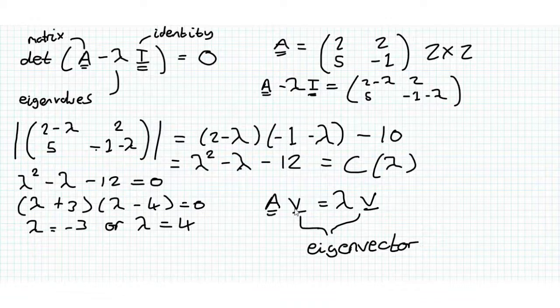Alright, so the eigenvector is a vector that, when multiplied from the front by the matrix, is just equal to a scalar multiple of itself, and that scalar multiple is the eigenvalue.